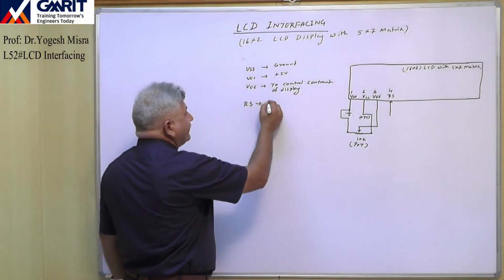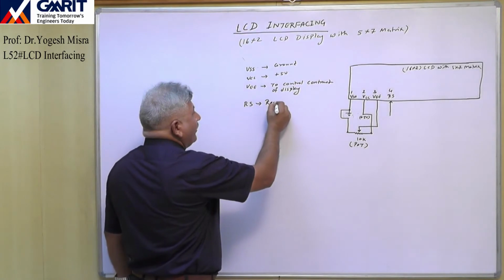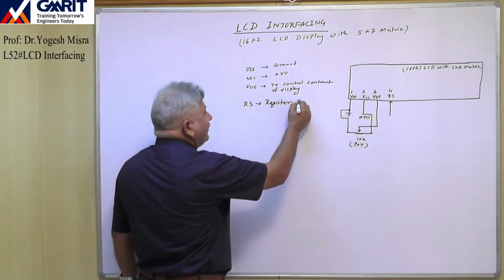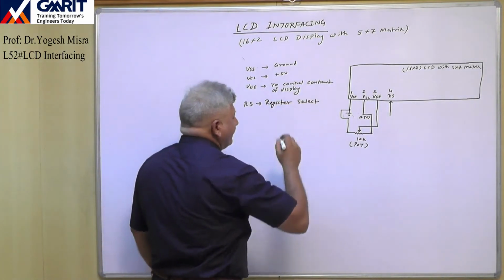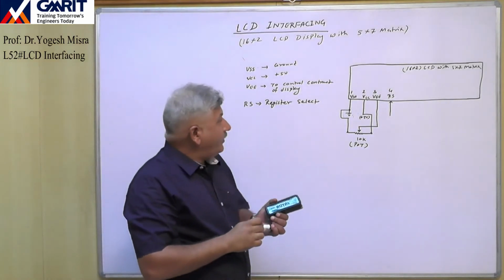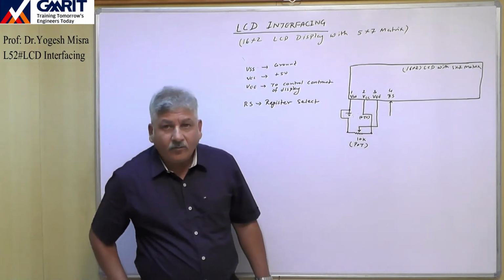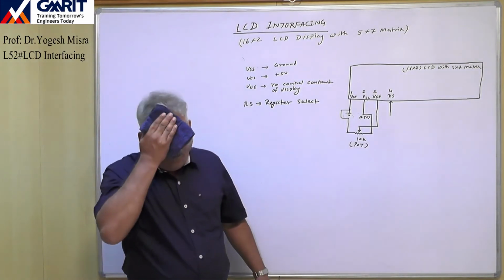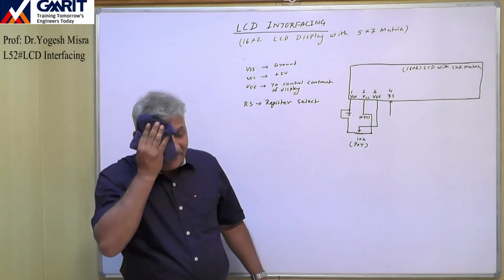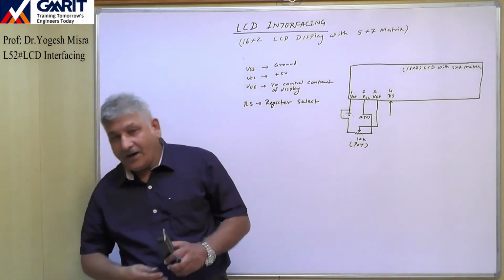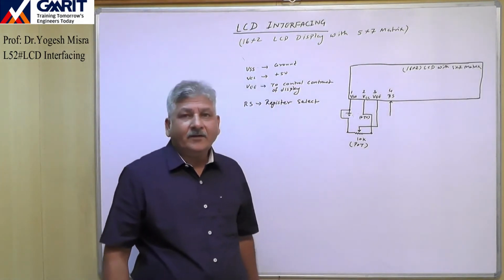RS is register select. So inside this LCD module there are two registers. One register is called the command register, and the second register is called the data register.